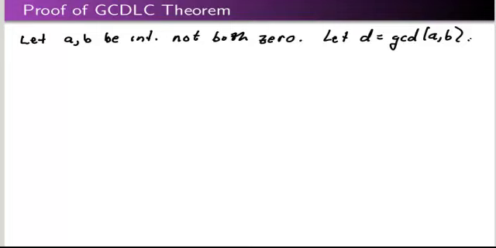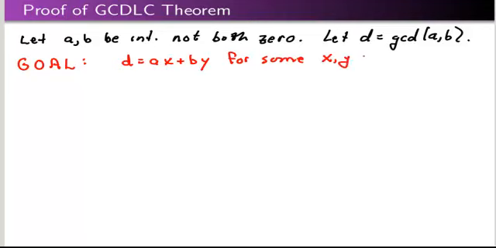So we claim that D is some linear combination of A and B. So let's state our goal again. D equals AX plus BY for some X and Y in Z.